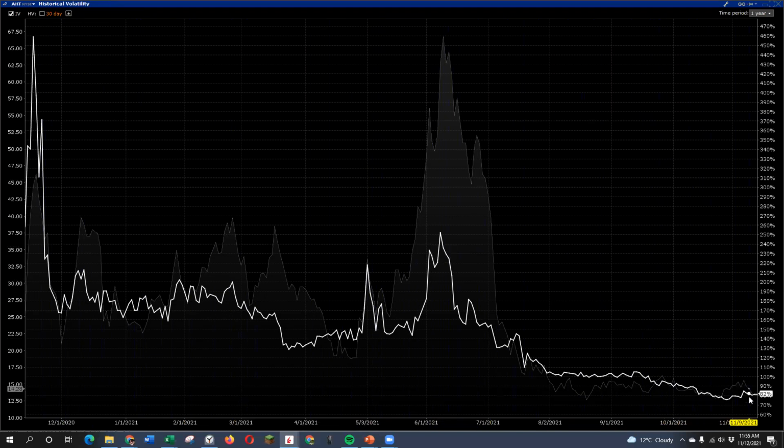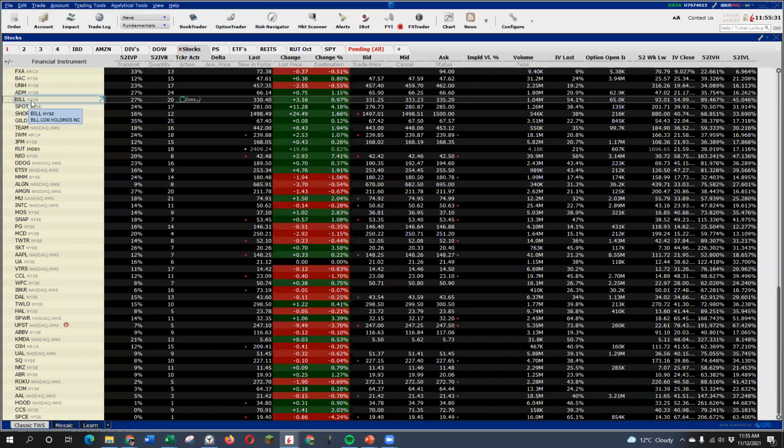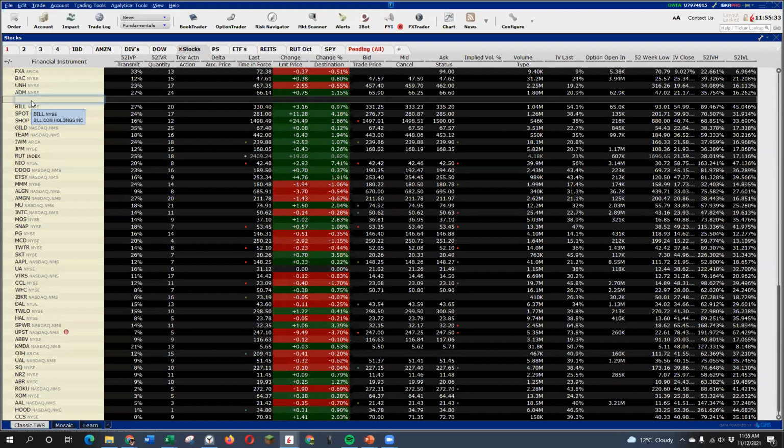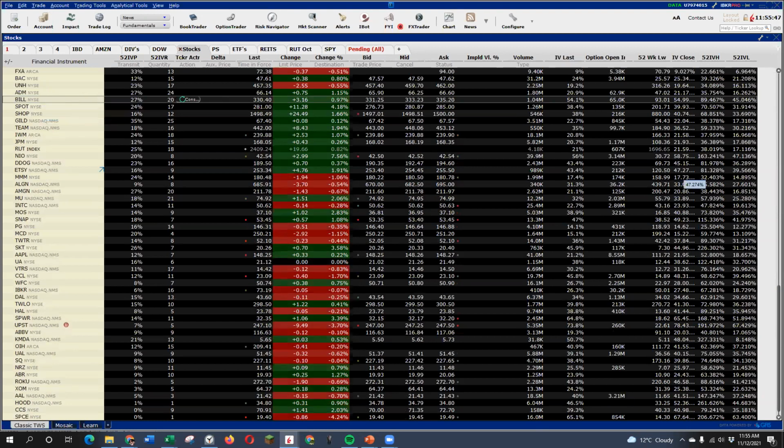So high vol, even though the IV rank's probably going to be pretty low. Yeah, IV rank and IV percentile is low, even though the IV is really high, because compared to the previous IV we've seen for that stock, it's quite low.